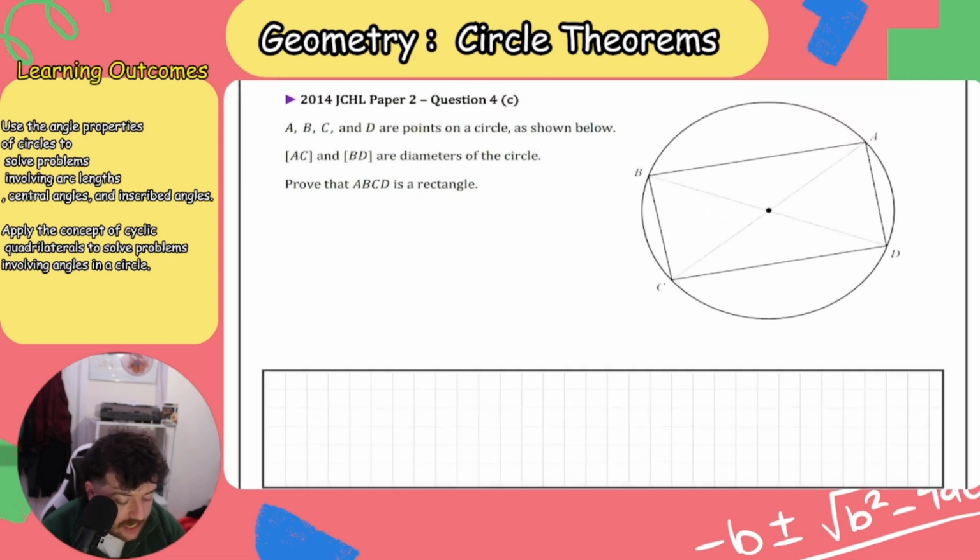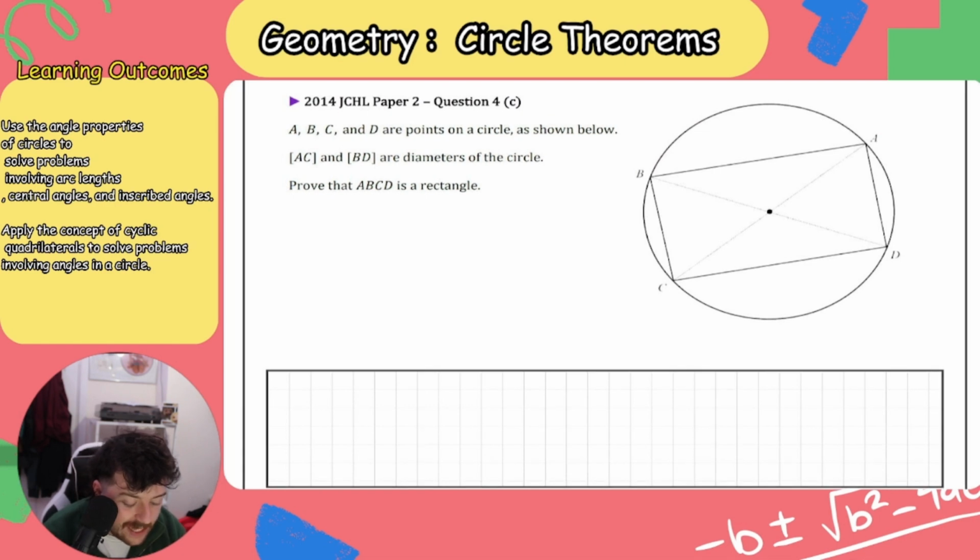Points A, B, C and D are on a circle shown below. AC and BD are diameters of the circle. Prove that ABCD is a rectangle. So, BD, that is the diameter of my circle.